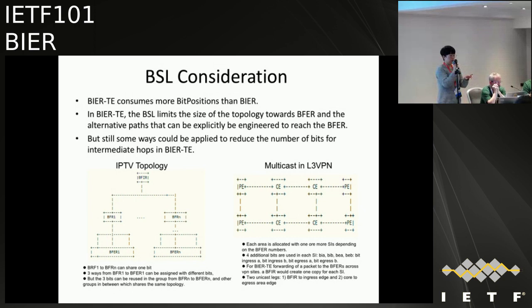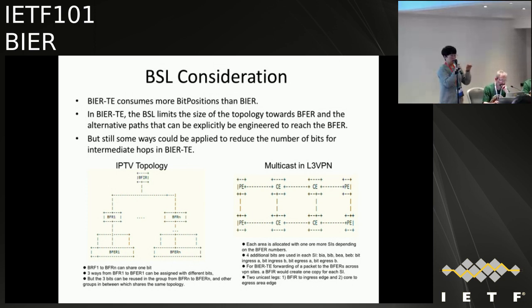There are two examples. One is an IPTV topology. We can see here that for an IPTV topology, if we use BIER-TE, it looks like a tree topology, and all the traffic from the BFIR to BFR, from BFR1 to BFRN, is maybe all the same, so it can share one bit. But the traffic engineering happens from the BFR to the BFER, so there may be multiple paths in between.